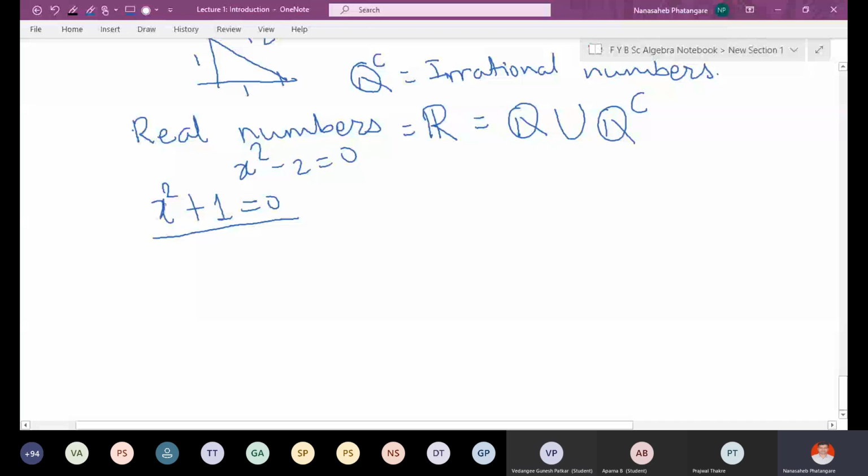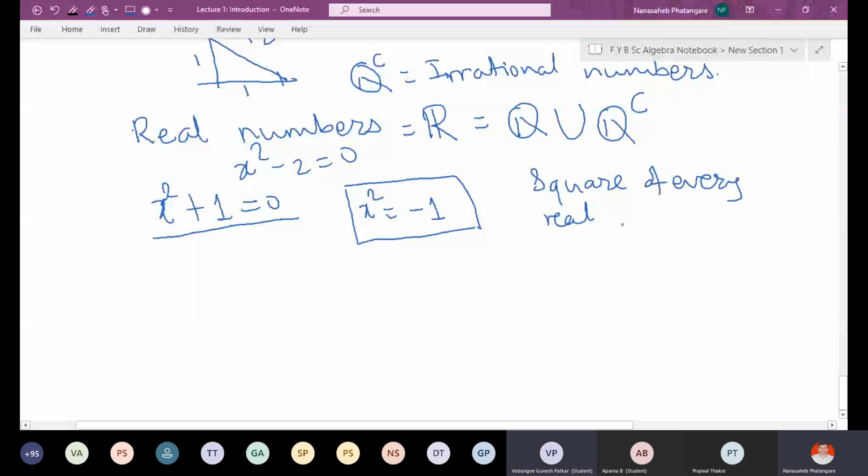But what is the very important property of real numbers? The square of every real number is always positive. This is the important property of real numbers. If x is a real number, then its square would be negative, which is not possible. Therefore, there is no real number at all which is a solution of this equation.